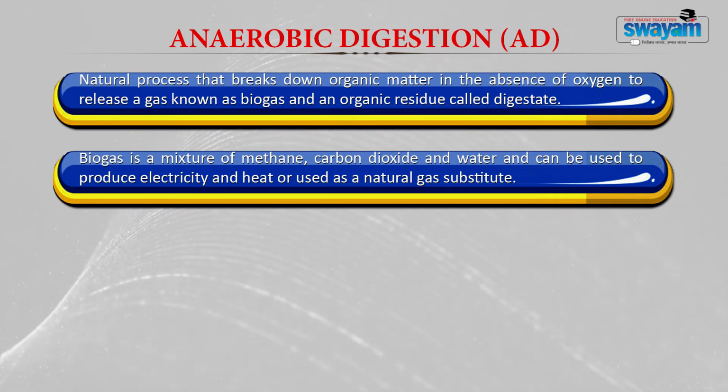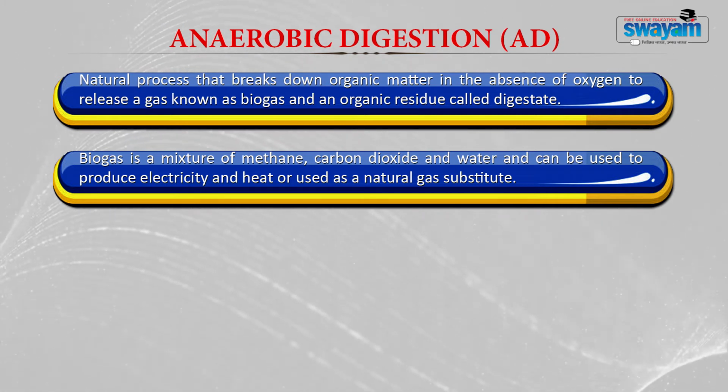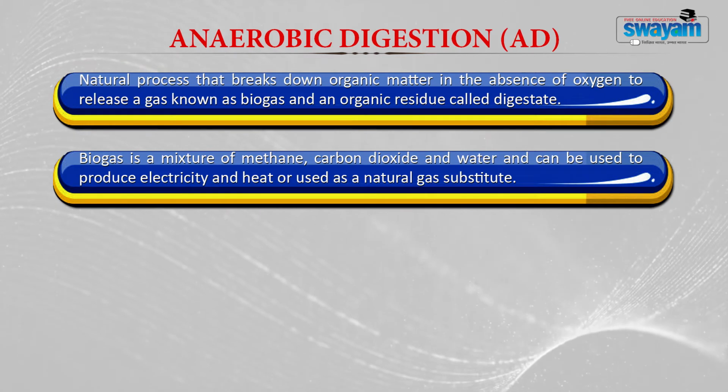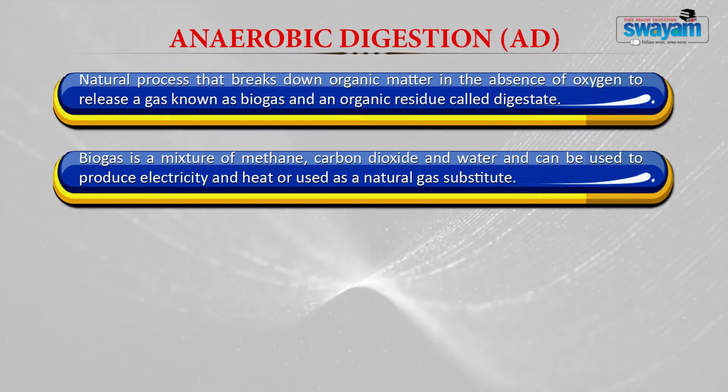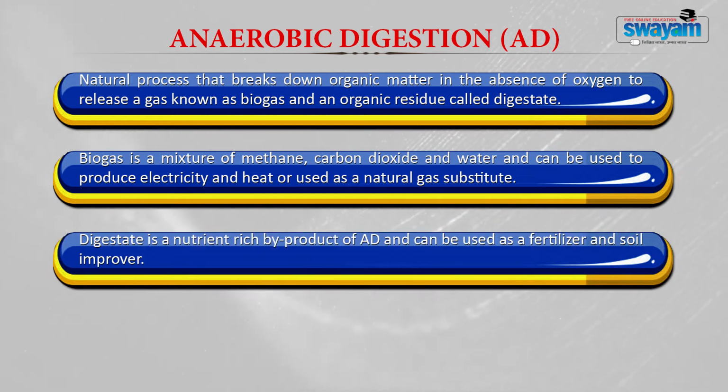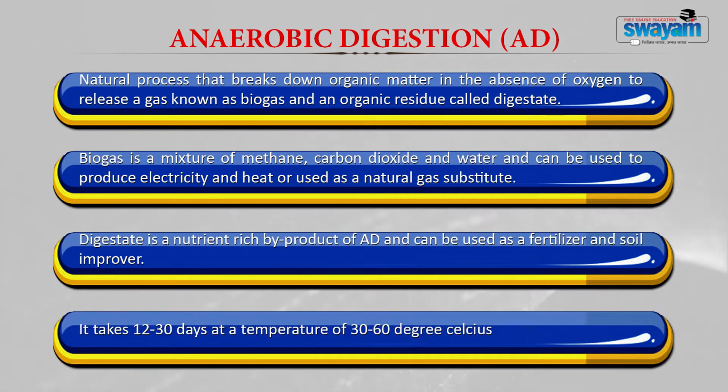This can be converted into heat or electricity, or into a natural gas substitute, and can potentially be used. The digestate left at the end of the digestion process can be used as a fertilizer to improve soil health. The anaerobic digestion process takes 12 to 13 days for digesting the waste, and the temperature requirement is 30 to 60 degrees Celsius.